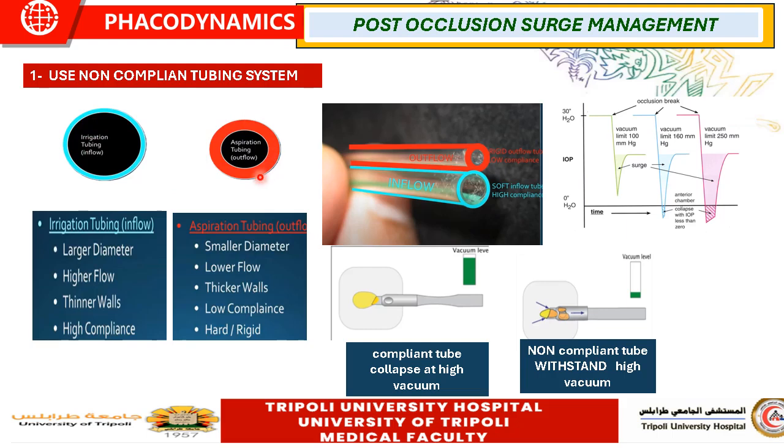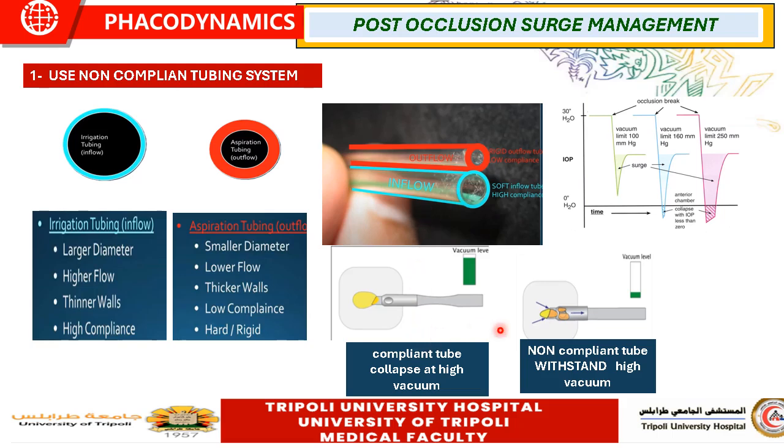However, the aspiration line should have a thick wall, be less compliant, have a narrow lumen, and withstand high vacuum pressure. So this is ideally what the aspiration line should be. Usually the aspiration line is marked in red, and the green color is the flow or irrigation line. So you should not use wide tubes for the aspiration line, because this will endanger the anterior chamber and the risk of surge will be very high.